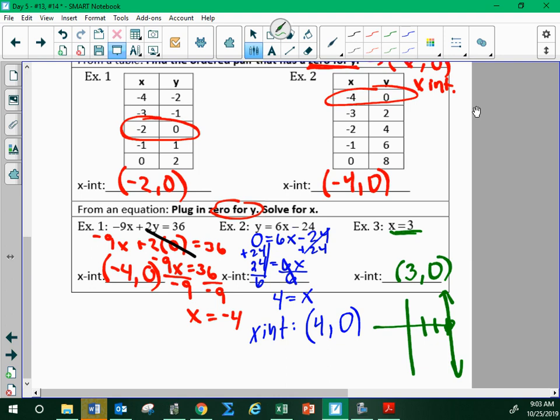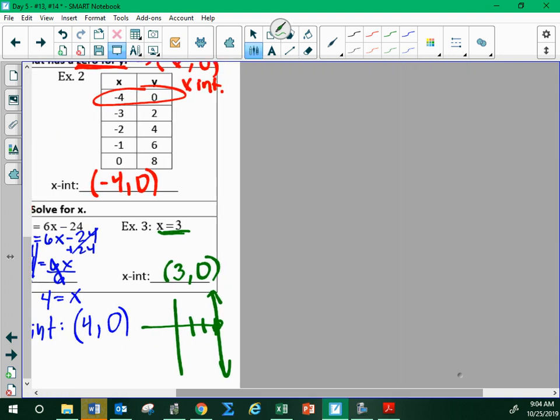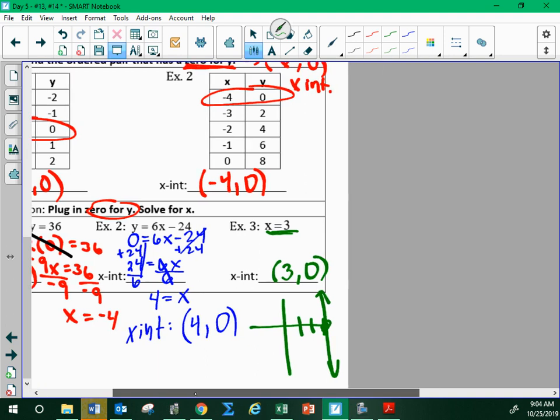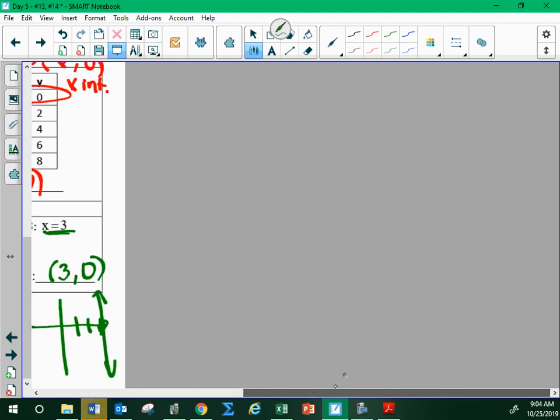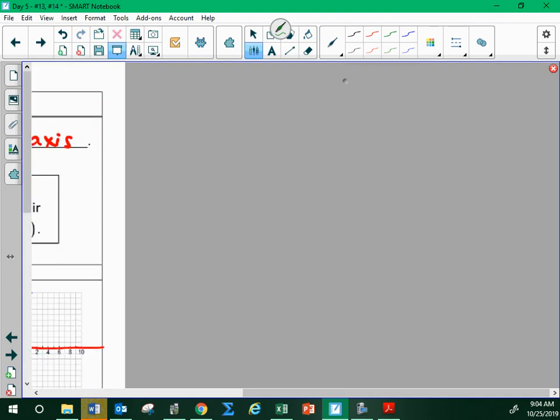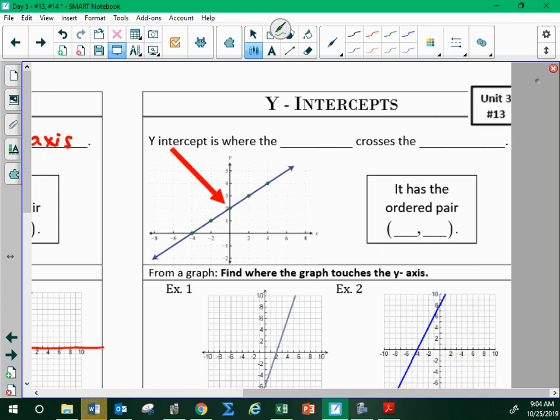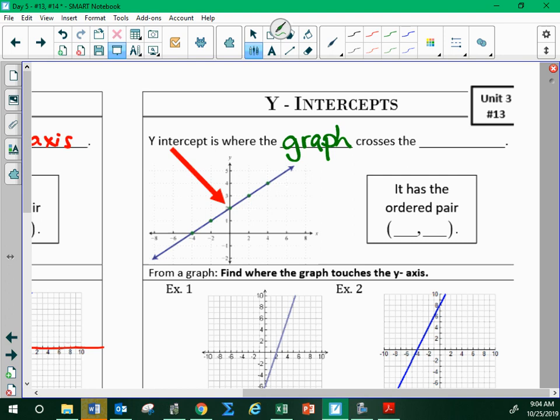So those are x-intercepts. Now we're going to find y-intercepts. So again, for x-intercepts, we have an x value, but y is 0. Now for y-intercepts, similar idea. The y-intercept is where the graph crosses the y-axis.